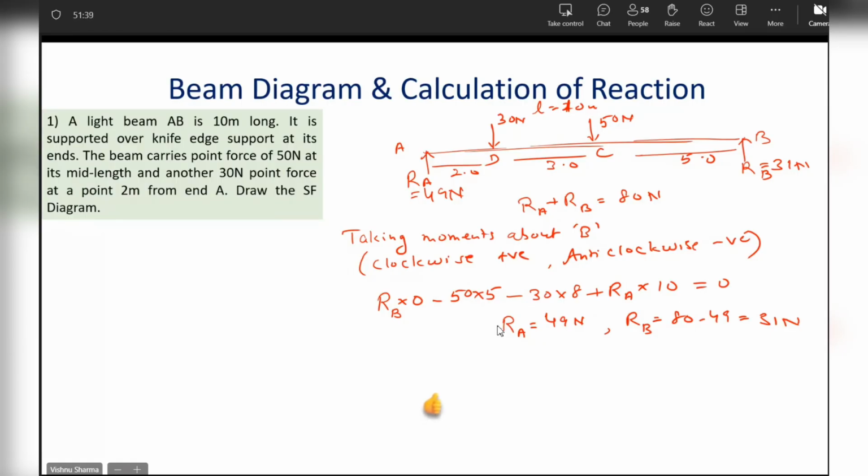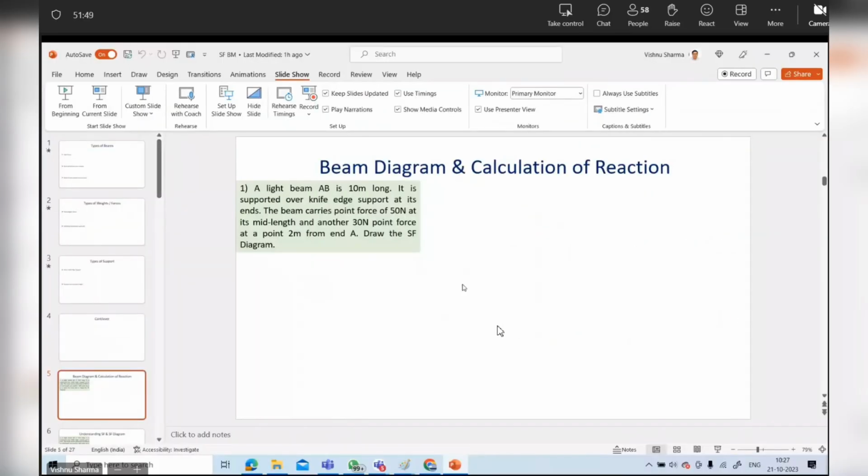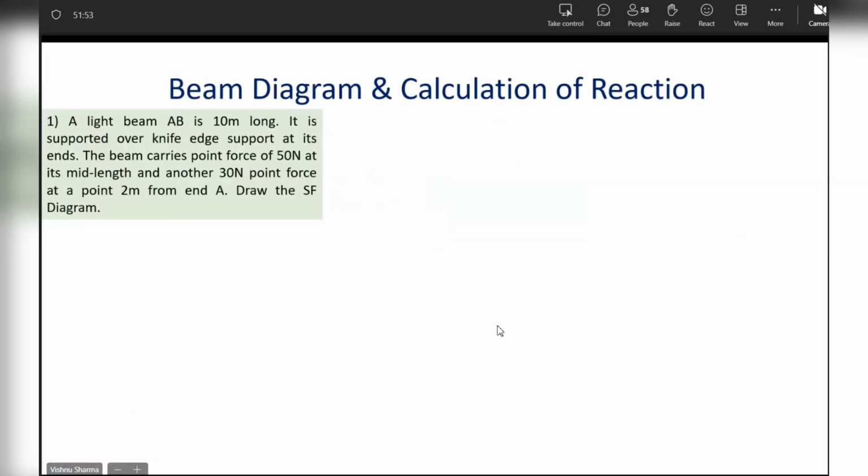Guys, anybody has any doubt? None? I'm clearing the screen then once again. Now I'll make the diagram with reactions put at both the supports. We have already learned how to calculate it, right?